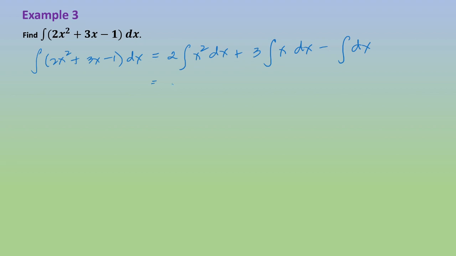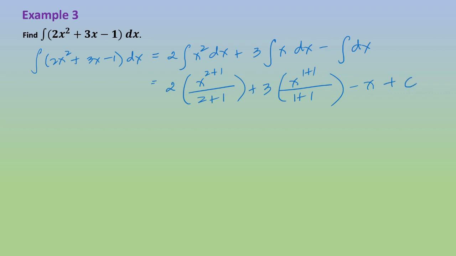So doing this, you have 2, and then by the power rule for integration, x raised to 2 plus 1 over 2 plus 1, plus 3 multiplied by x raised to 1 plus 1 over 1 plus 1, minus the integral of dx, which is x, and then plus c.